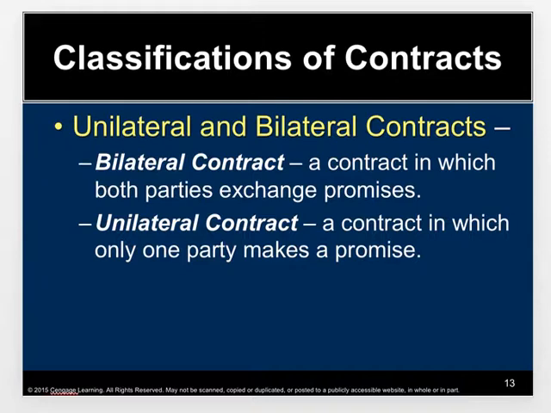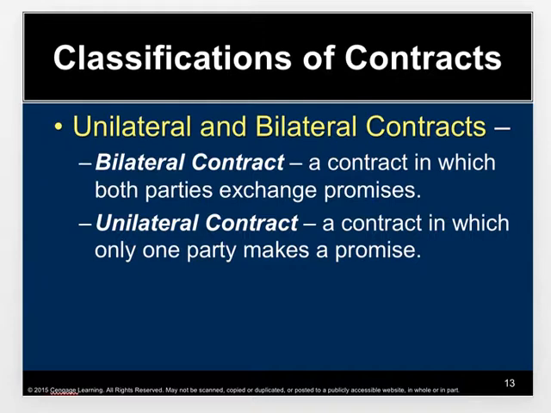I'll sell you my house for $1 million. And so that's a bilateral, right? The promises are, I promise to give you my house and you promise to give me $1 million. So that's bilateral. We both have to provide something of value to the other party.